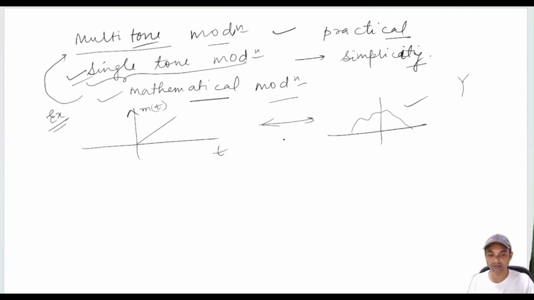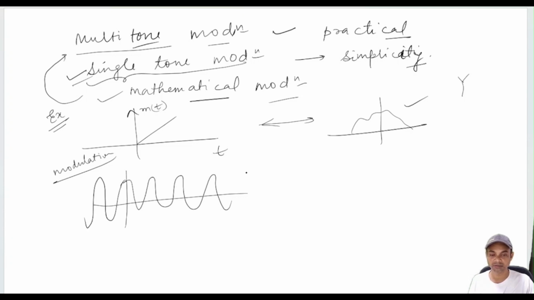That's why there is a need of modulation, and for modulation, suppose we are using a sinusoidal signal. This is the sinusoidal signal, and the Fourier transform of this sinusoidal signal is like that one, something like fc and minus fc.